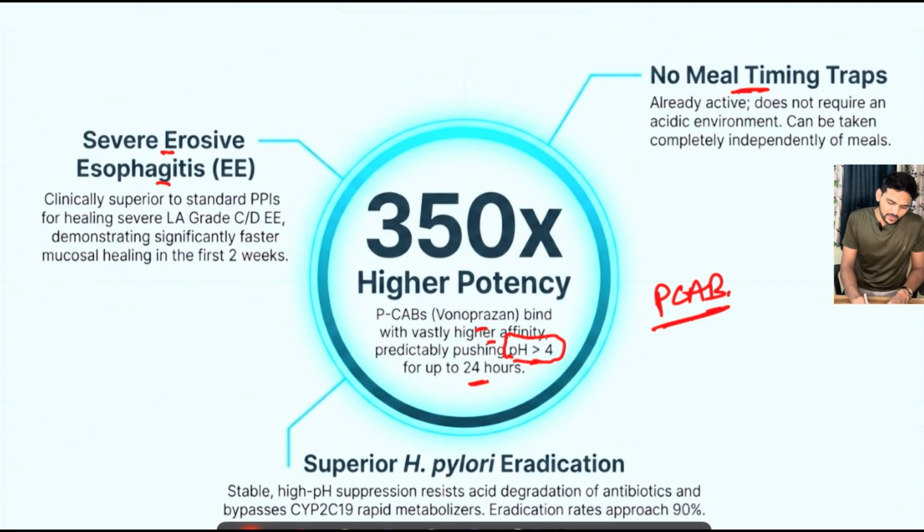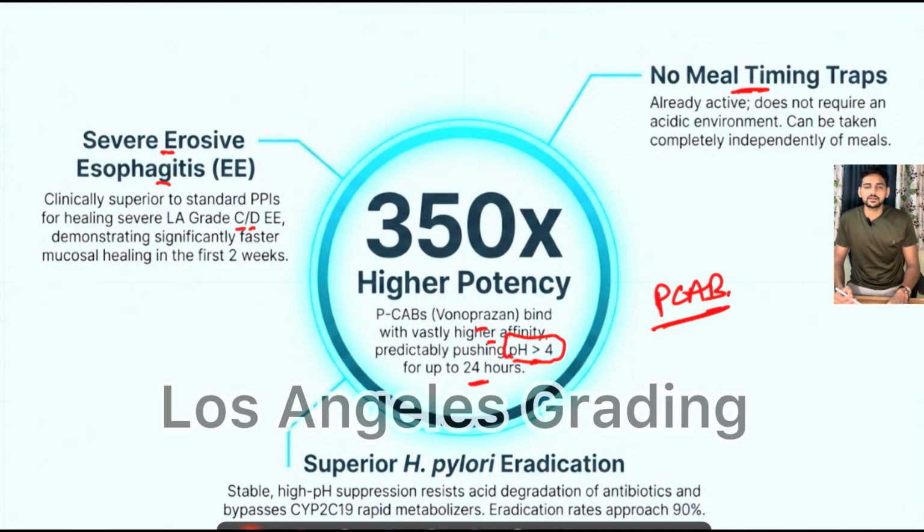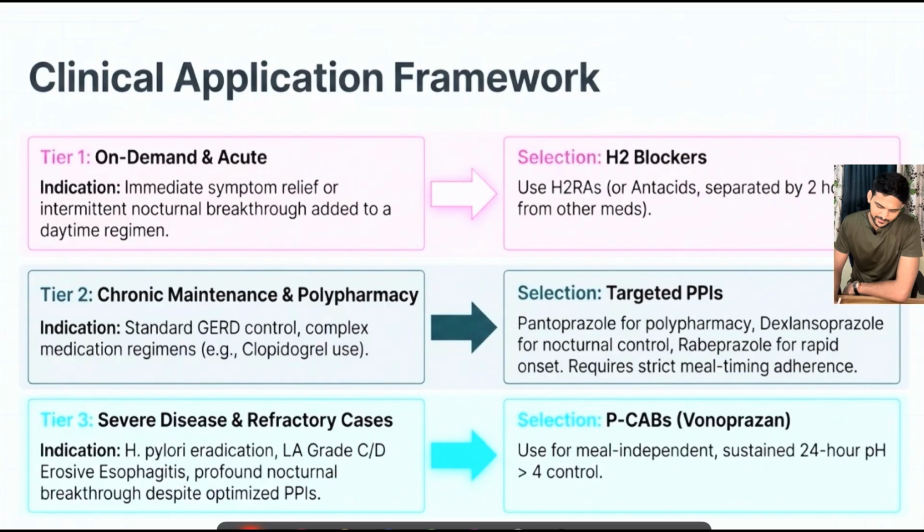Even grades such as C or D, these drugs are significantly beneficial. And in clinical trials, it has been proven to have superior H. pylori eradication. So whenever there is non-response to other groups of antacids, we can start practicing with this newer group of medications, that is PCABs.